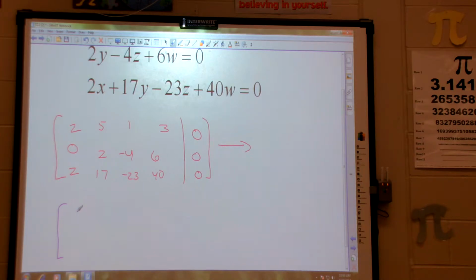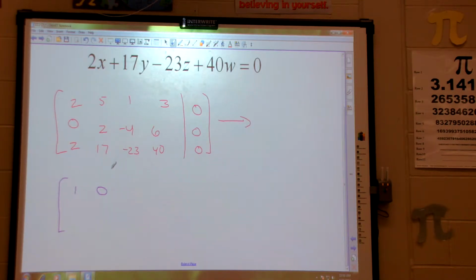What will I get in the first row? 1, 0, 5, 1. I'm just reading off what Jacob told me. What do I get in the first row? 1, 0, 5.5. No, 5 halves. 11 over 2.